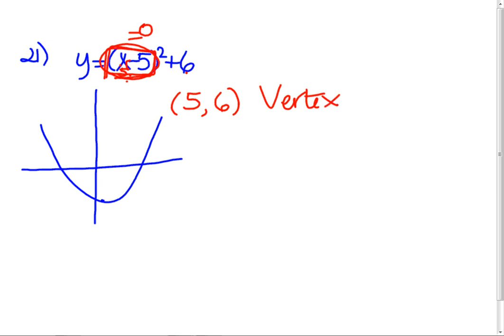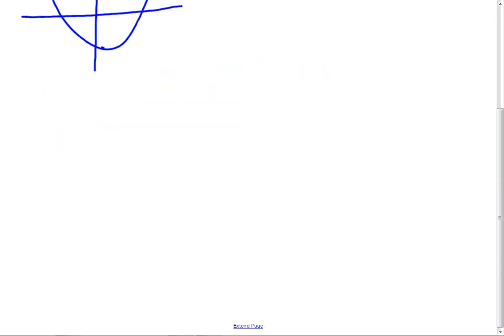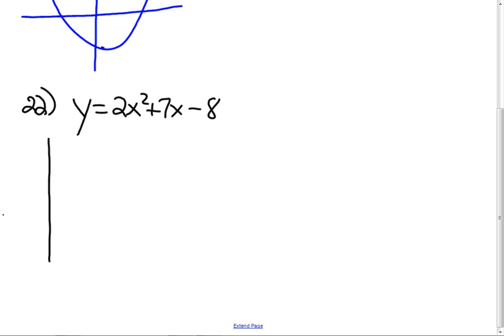Let's look at 22, because you're going to find these on today's worksheet. So we got to get this. What form is this in? Do you remember? Now, if you have your notes, you still have them. Quadratic formula. No? Standard form. And this graph is going to cross somewhere around here.